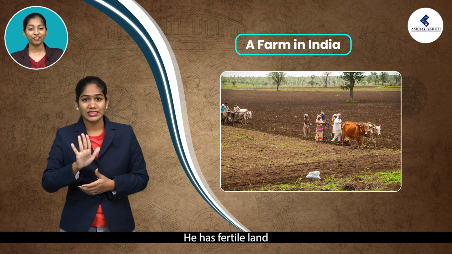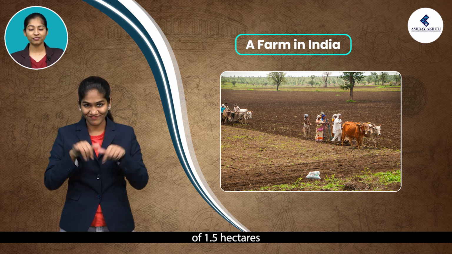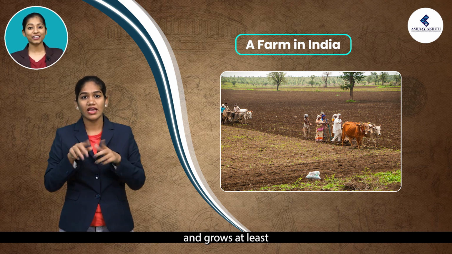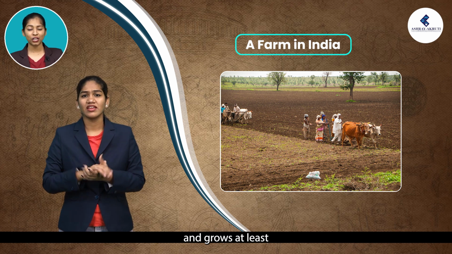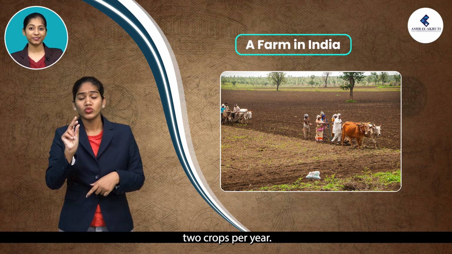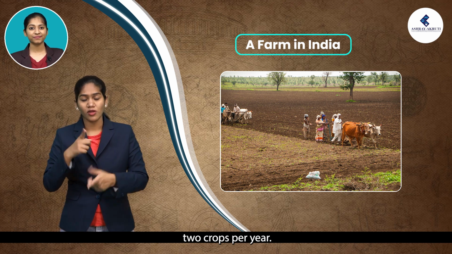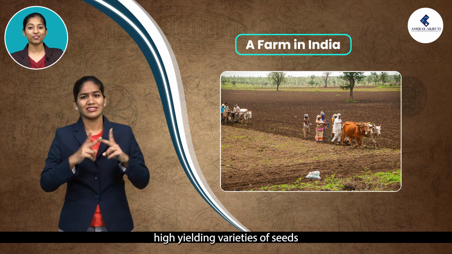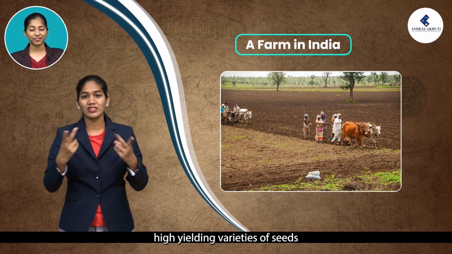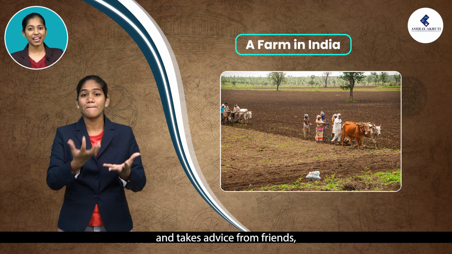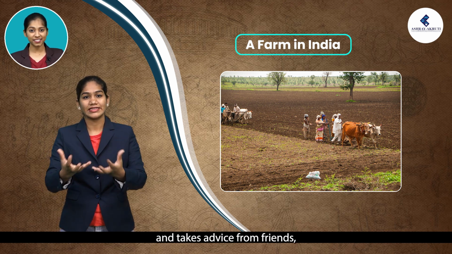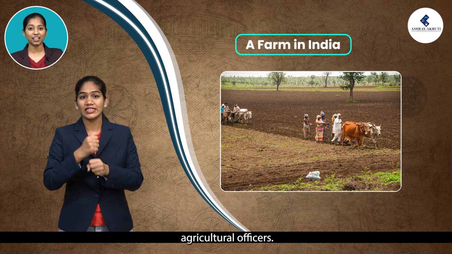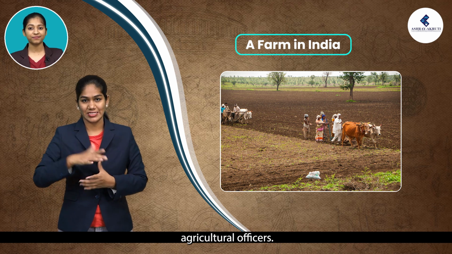He has fertile land of 1.5 hectares and grows at least 2 crops per year. He purchases high-yielding varieties of seeds from the market and takes advice from friends, elders, and government agricultural officers.